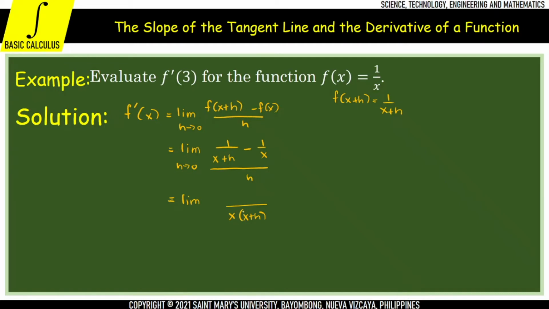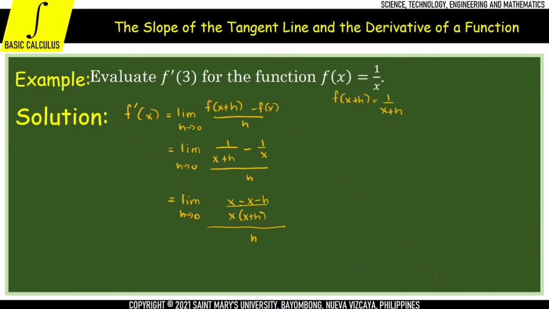For example, x times x plus h divided by x plus h is x. X times 1 is x. O, next, x times x plus h divided by x is x plus h. X plus h times negative 1 is negative x minus h. Ayan yung magiging numerator natin all over h as h approaches 0.